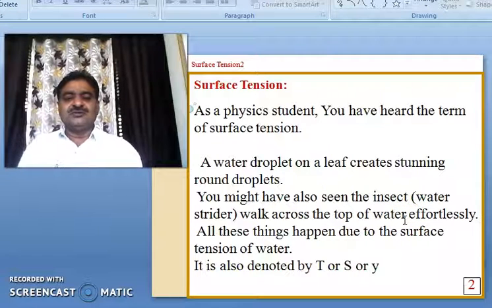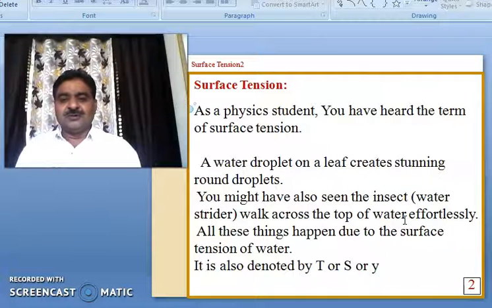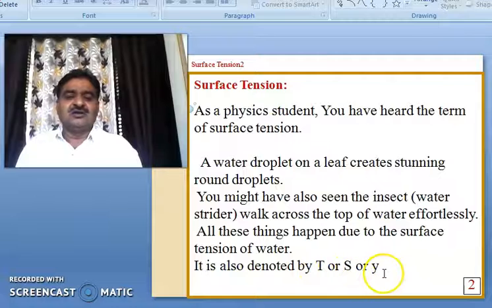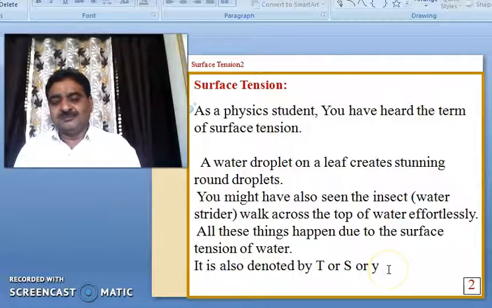All these things happen due to the property of a liquid, that is, the property of water known as surface tension. It is denoted by either T, S, gamma or sigma.